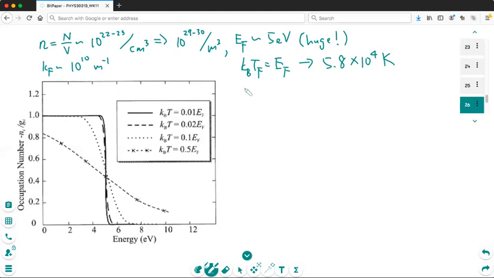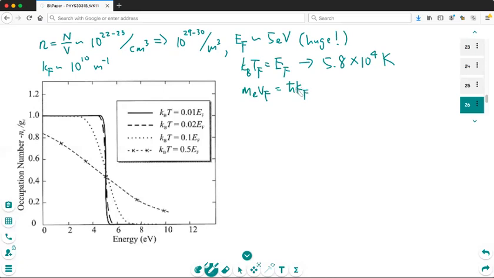Before I do that, I want to introduce another Fermi parameter, and that is the Fermi velocity. Fermi velocity is defined like this. I have the mass of the electron times the velocity. This is how you define momentum. The other way to define momentum is to multiply this Kf by h bar.